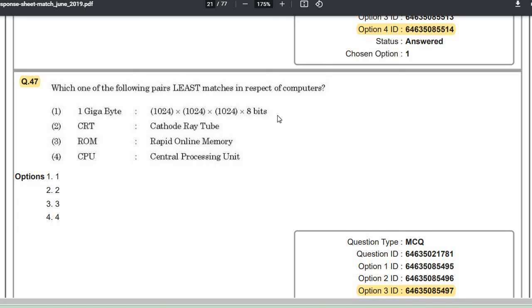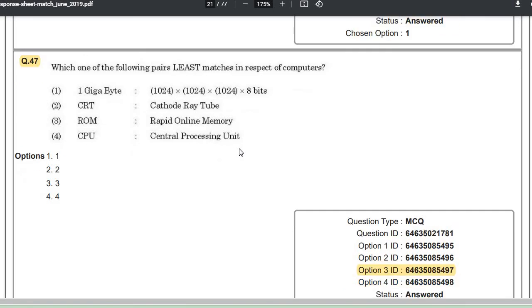It is true, so it is highly matching. CRT stands for cathode ray tube, true, highly matching. And ROM is read only memory, but here it is given as rapid online memory, so it is the least matching. CPU is also highly matching, exactly central processing unit. So option 3 is least matching, so option 3 is the right answer for question number 47.